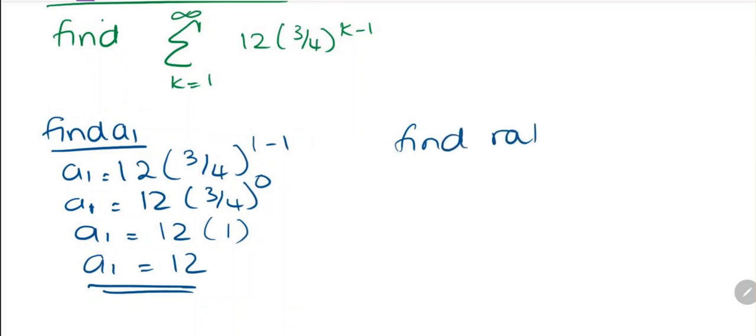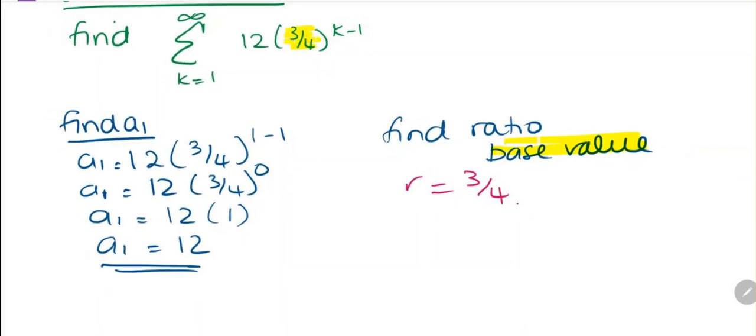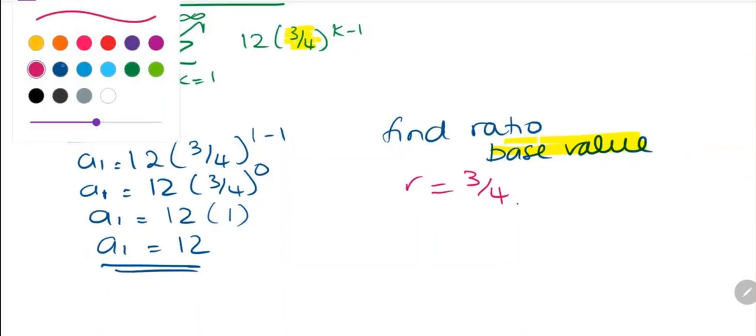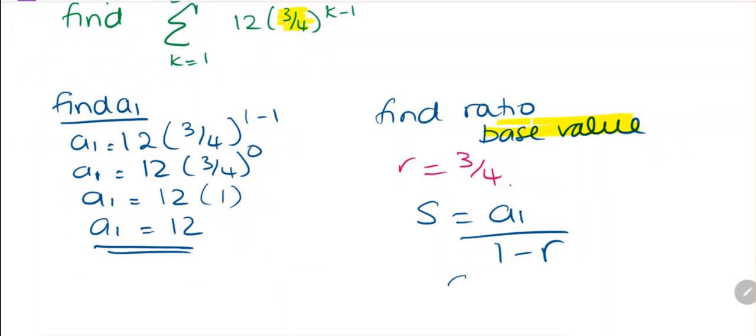So now we're going to find the ratio. So the ratio is the base value. So if we look at here, this is the base value. So the ratio will be 3/4. We're going to put this into our formula: a1 divided by 1 minus r.